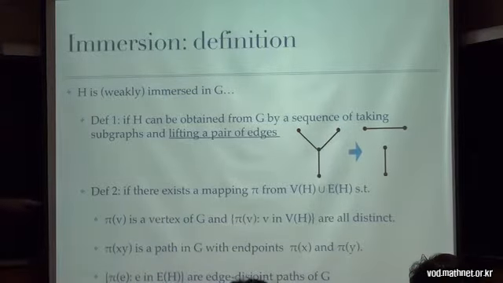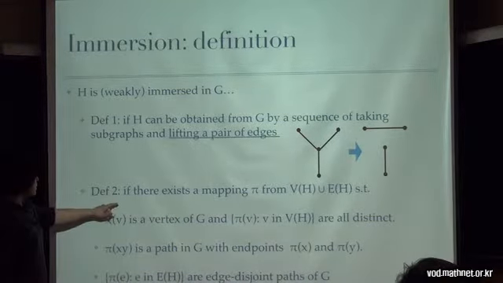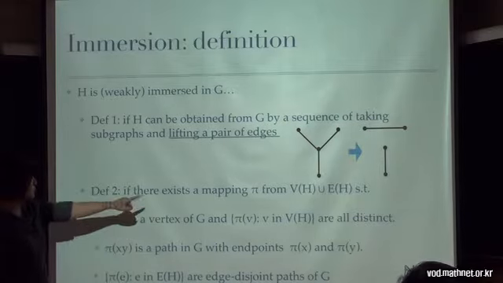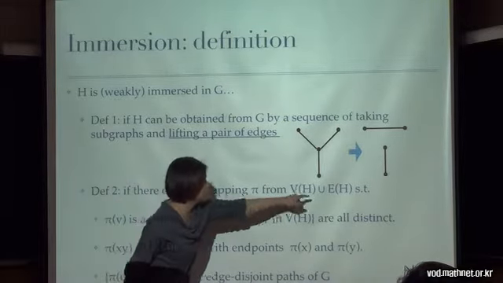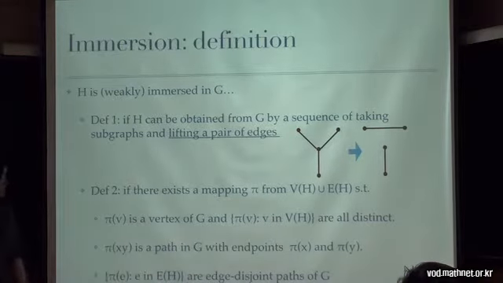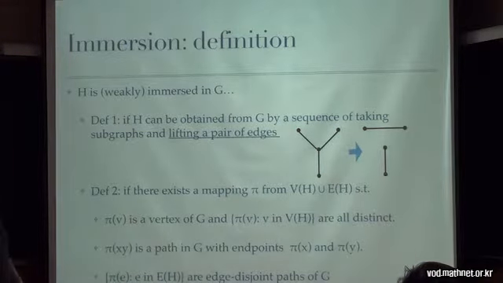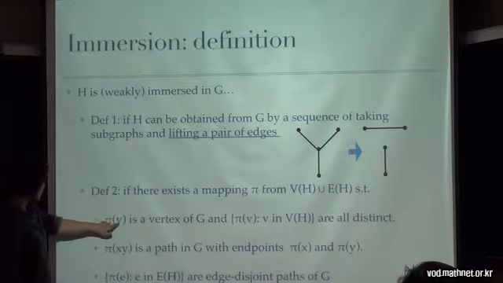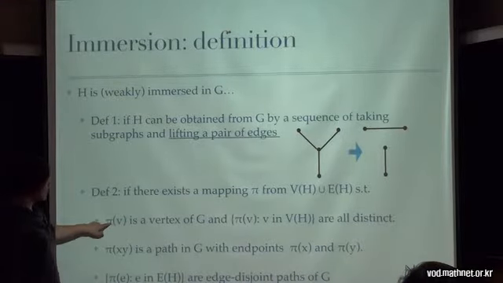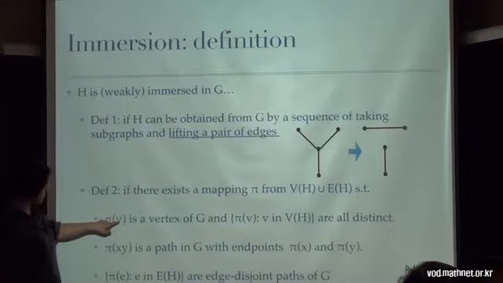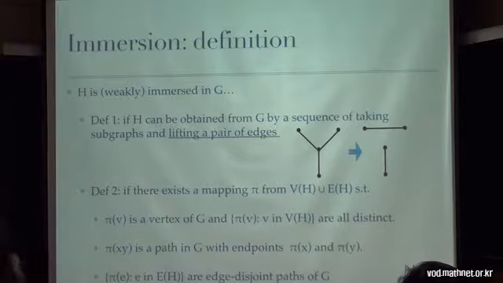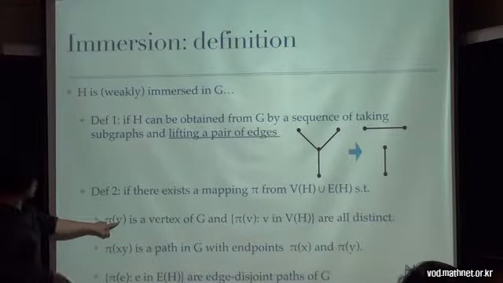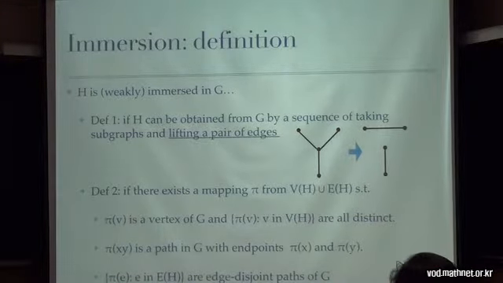And an equivalent definition is that there is a mapping pi from the vertices of H and edges of H to the graph G, such that for every vertex of H, pi maps the vertex of H into a vertex of G, and the images of these vertices should be all distinct.